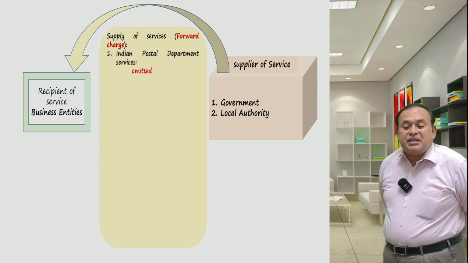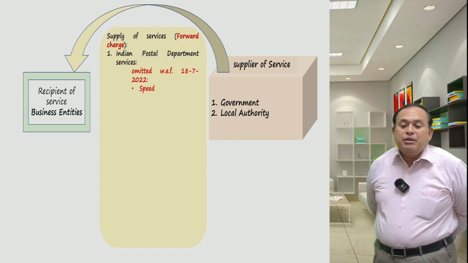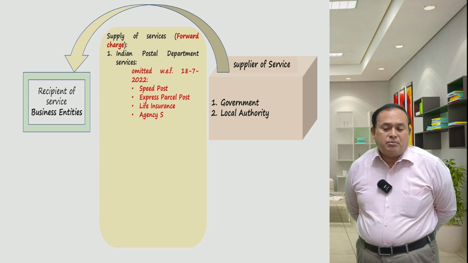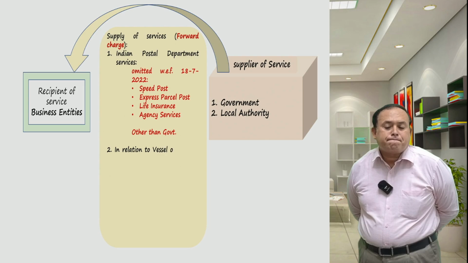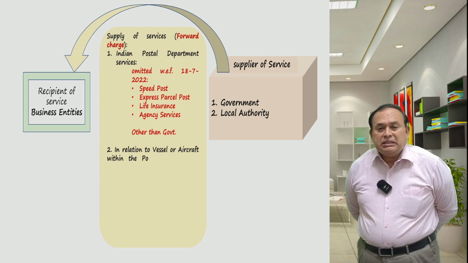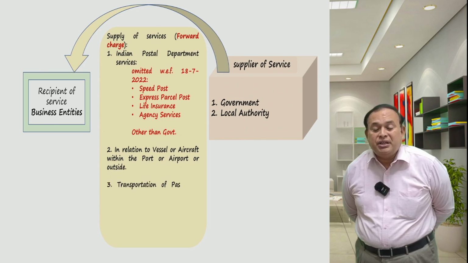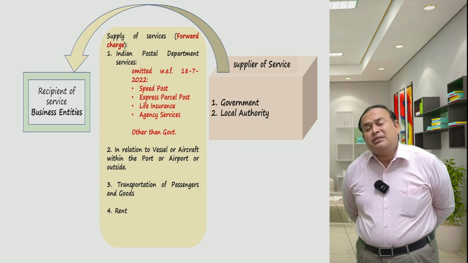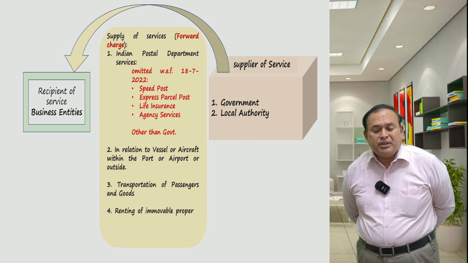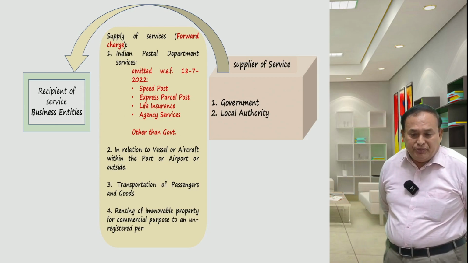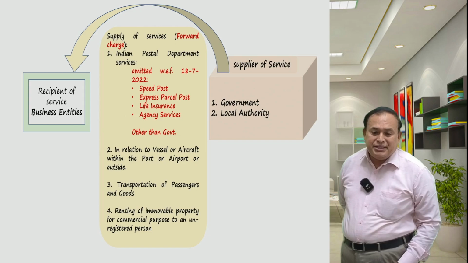A supply of service, namely supplied by the Indian Postal Department. Now here one amendment is there from 20th October 2023: not only the Indian Postal Department but also Indian Railways, which needs to be brought to notice here.